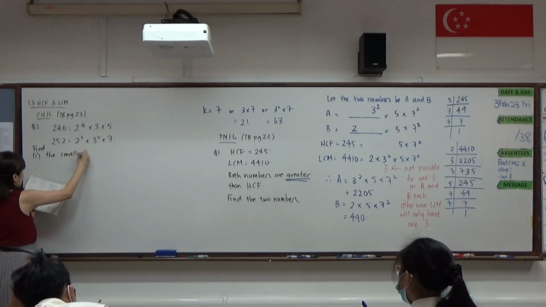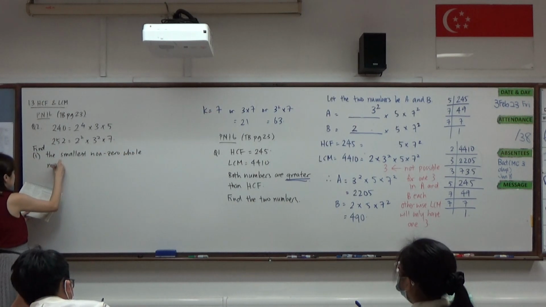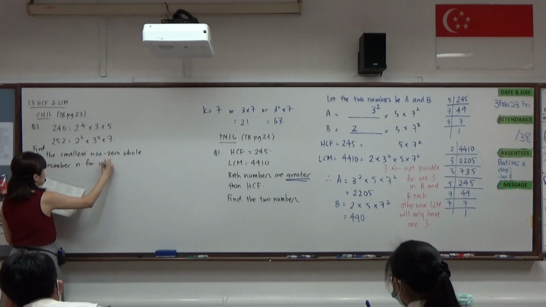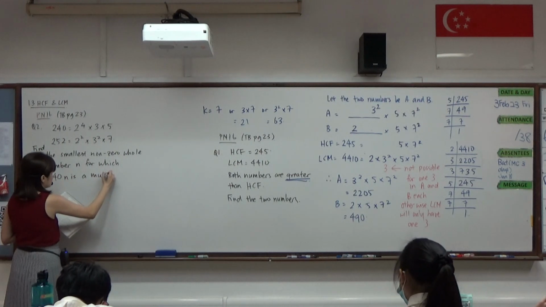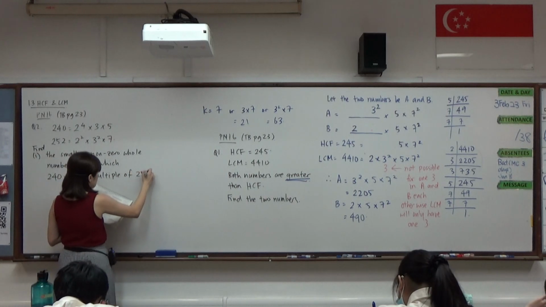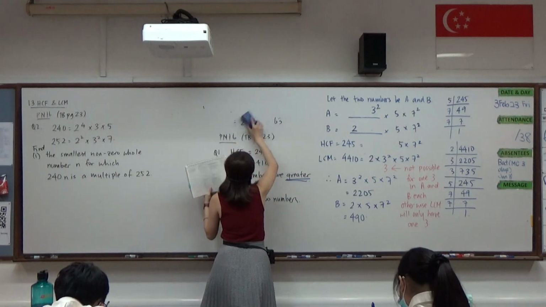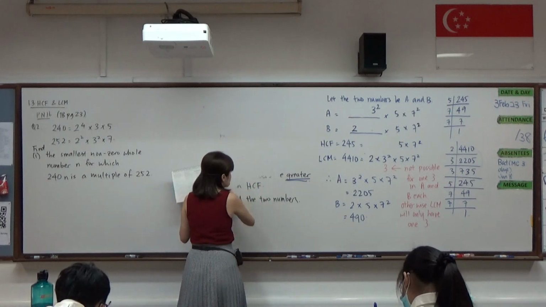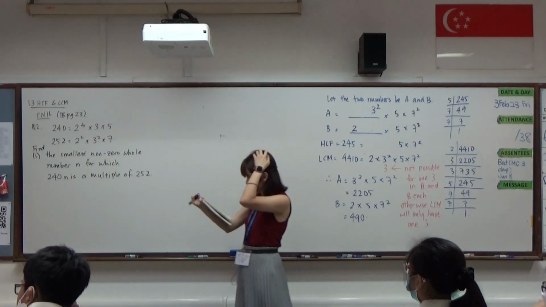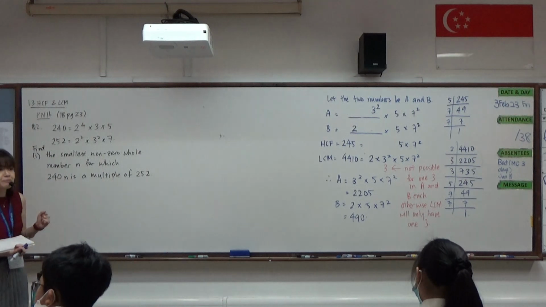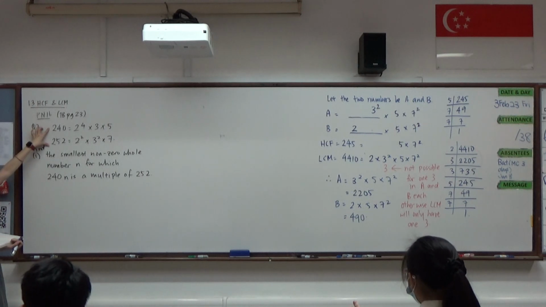Let me just write down the question. So in this question they gave you 240 and 252.